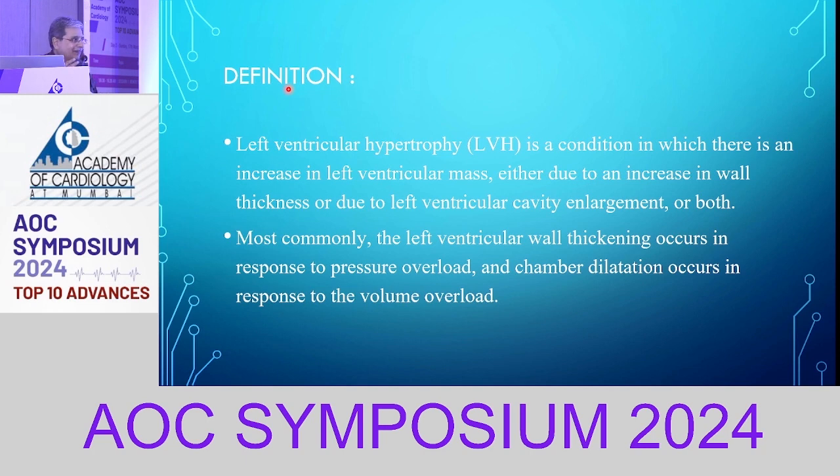So this could be either due to an increase in the wall thickness or due to the increased cavity size or both. And most common causes are either pressure overload or chamber dilatation, which occurs in volume overload. Of course, there are a couple of other things we started noticing later on. That was infiltrative diseases, which of course is an older definition from the time of M mode.